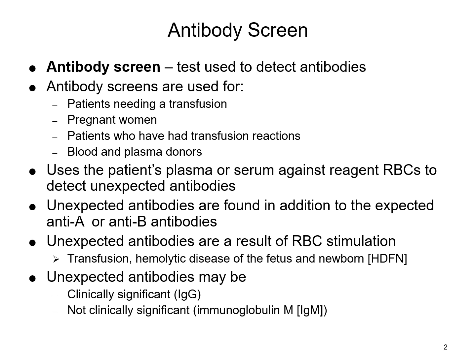Now, those unexpected antibodies could be clinically significant or they could be not clinically significant. So we're going to talk a little bit about those in more detail and detecting those on these panels. But also, the Chapter 7 lecture goes into more detail about each of the different antigens and the antibodies that can be made against those and whether or not they're IgG or IgM.